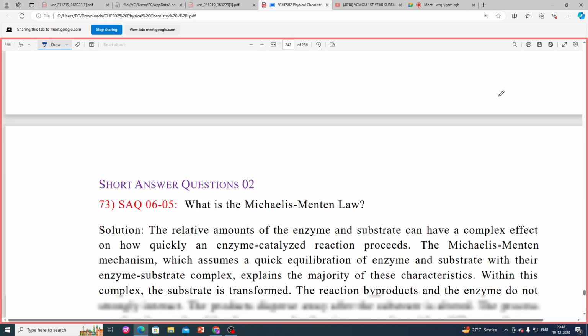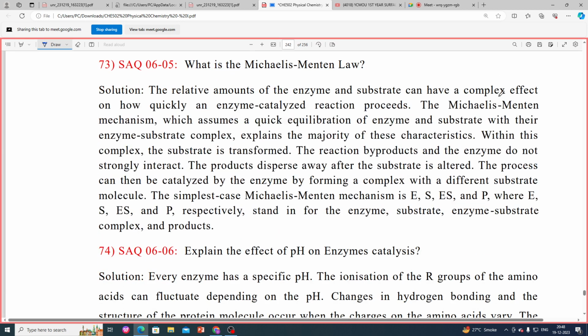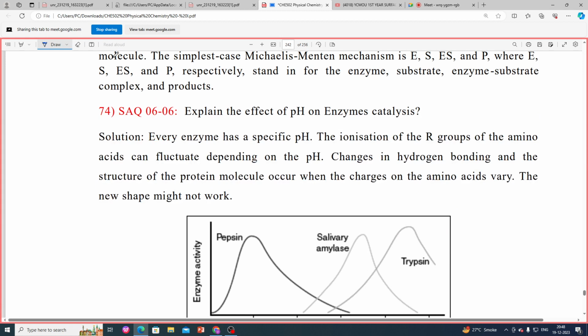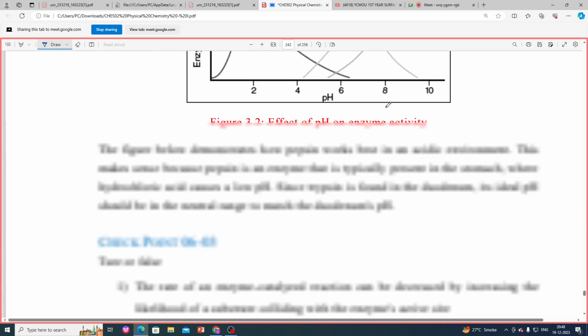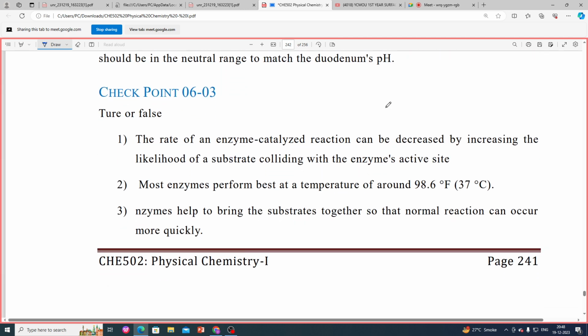Then next one, what is the Michaelis Menten law? This equation we also saw in our previous slides. Next, explain the effect of pH on enzyme catalysis. We have seen this too. Next, these are some checkpoints.